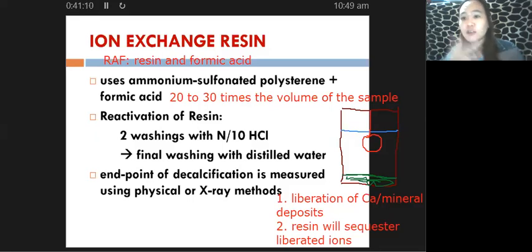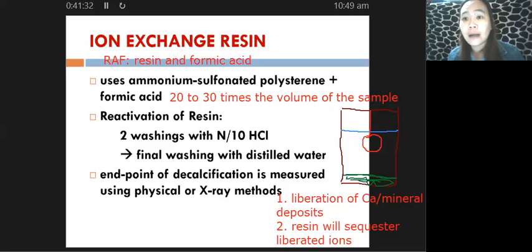Unlike in the previous methods that we discussed, like the use of acids and EDTA solutions, both of which have to react with the liberated calcium, the liberated minerals, and so they are used up in the decalcification process.